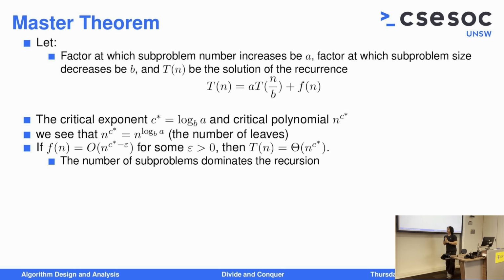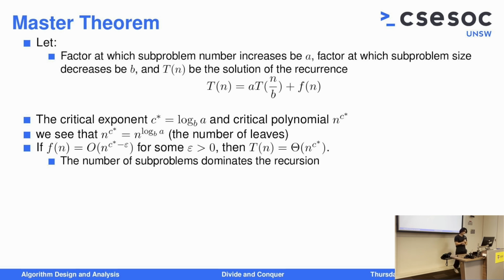If you want to learn exactly the derivation, you can do it yourself, but for your exam purposes, you can just memorize this. So what we now need is what we call the critical exponent. So c* is equal to log base b of a, and we call the critical polynomial n to the critical exponent.